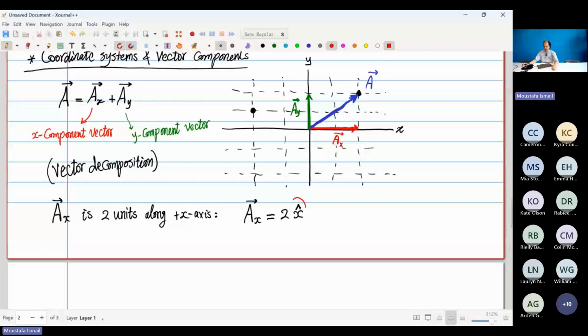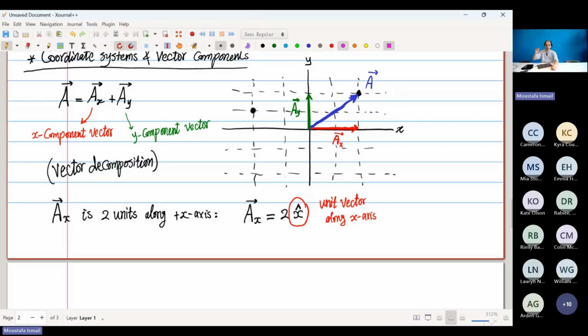This x hat is a unit vector along the positive x-axis. It uses the idea of scalar multiplication that we discussed a couple of minutes ago, that you can make any vector out of little pieces.